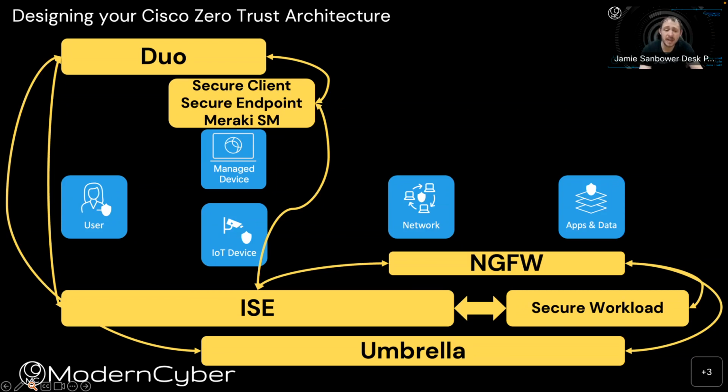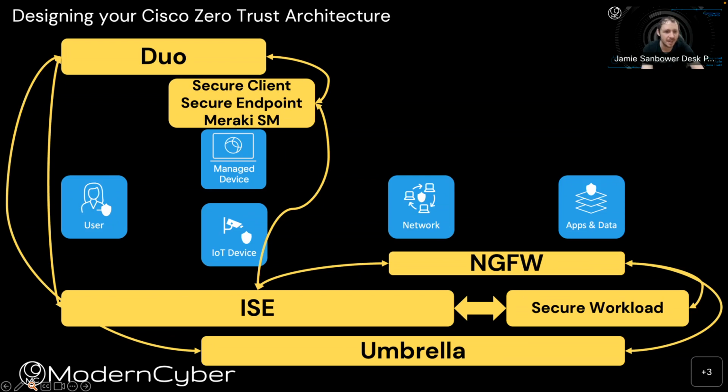And be able to integrate the two to have consistent policy across this. The other key integration is ICE, Secure Workload, and Duo all communicating with our Meraki SM and our Cisco Secure Endpoint to pull in context around threat, as well as context around the types of devices and whether or not they're trusted.